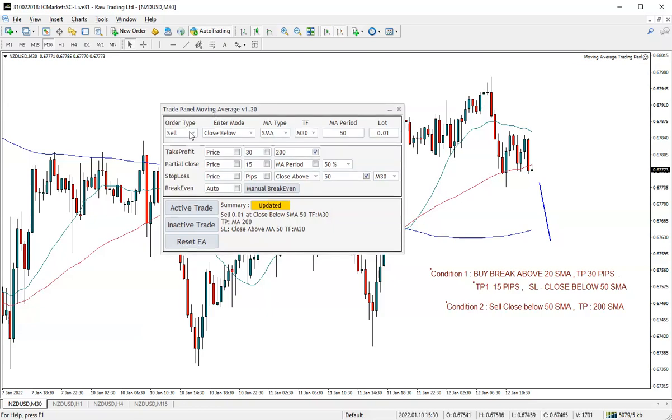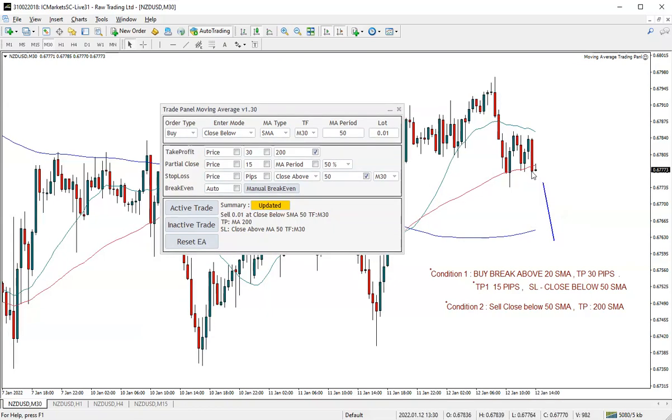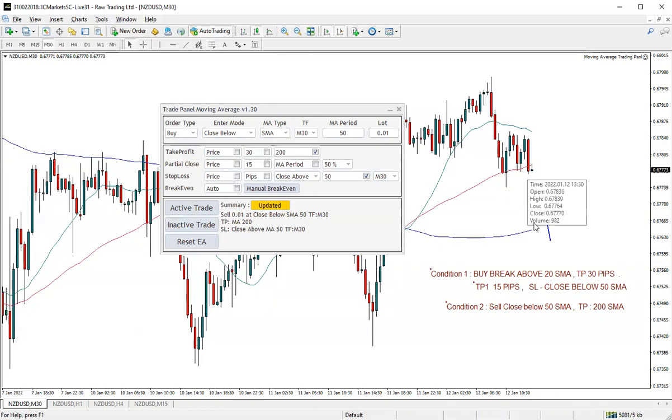So what I'll do, I want to buy, for example. Right now we have a condition that if the price touches the 200 moving average, I want to buy, but I don't want to stay in the trade if price closes below the 200 moving average. So that will be a kind of scalping setup.